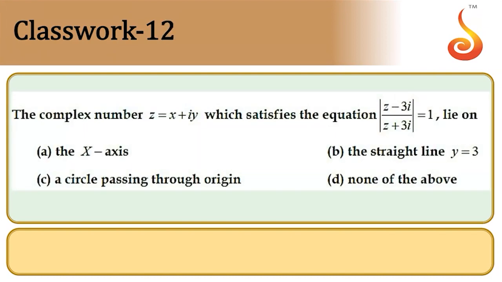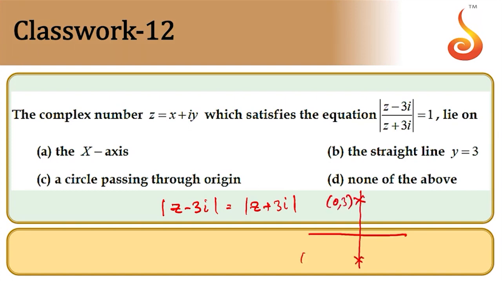12. z is a complex number x + iy. So it clearly indicates |z - 3i| = |z + 3i|. Diagrammatically, this point is (0, 3) and this point is (0, -3). This is the complex number, so this will give you z - 3i and this is z + 3i.